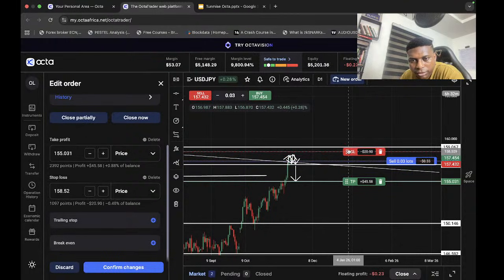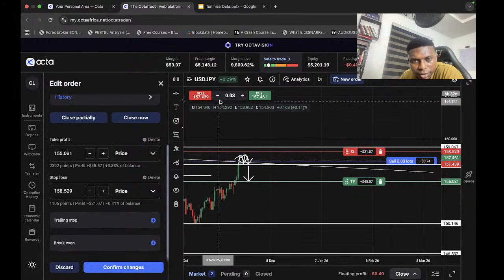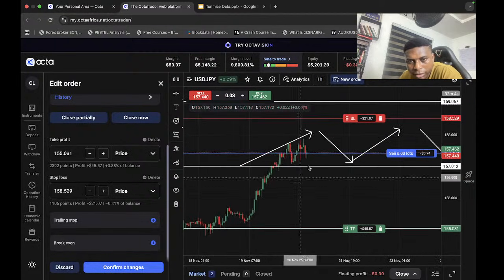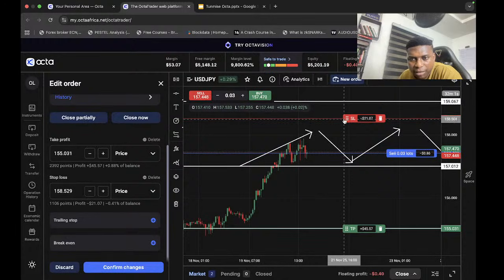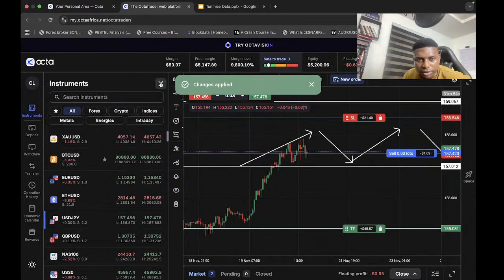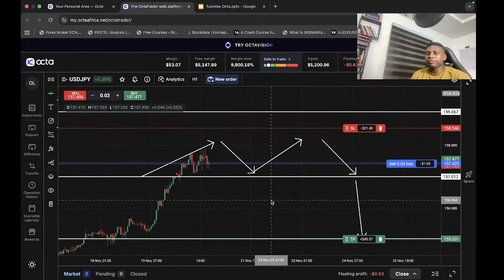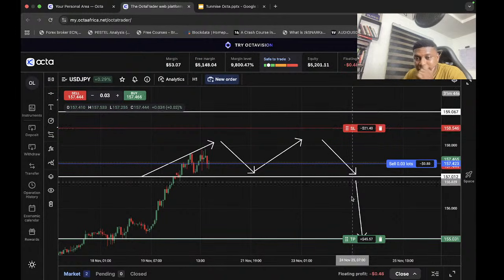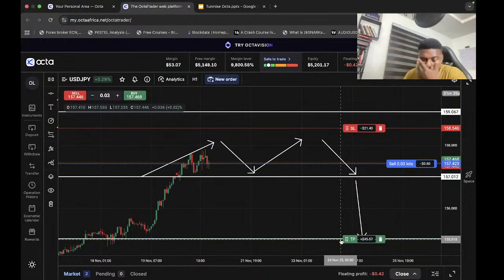My stop loss would be here, slightly above, and my take profit would be here. And then I confirm my changes. It's been set and good. So you can see I have my stop loss now here, and I have my take profit level here.